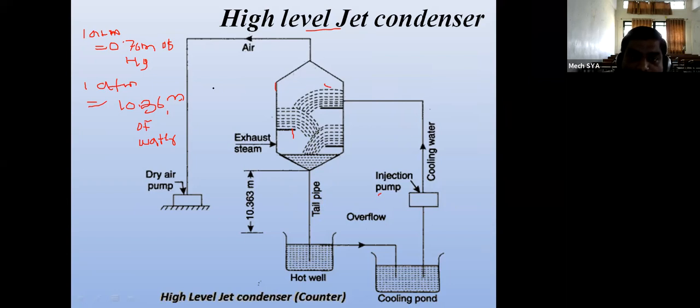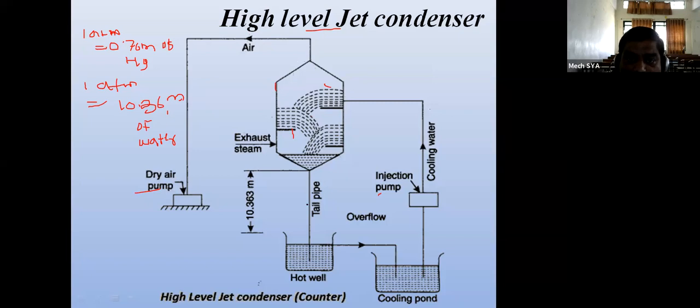It is counter flow, meaning steam flows in the upward direction and water flows in the downward direction. And this is the air pump: the air coming with the cooling water and exhaust steam is removed with the help of this dry air pump. This is the construction of the high level jet condenser.